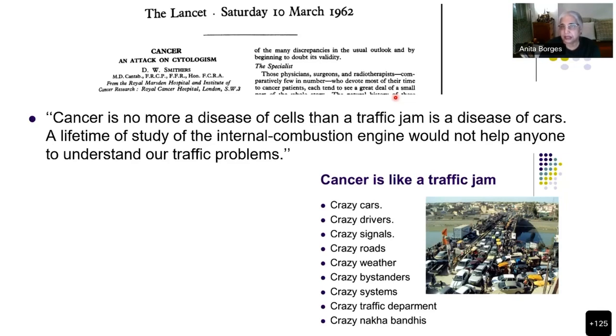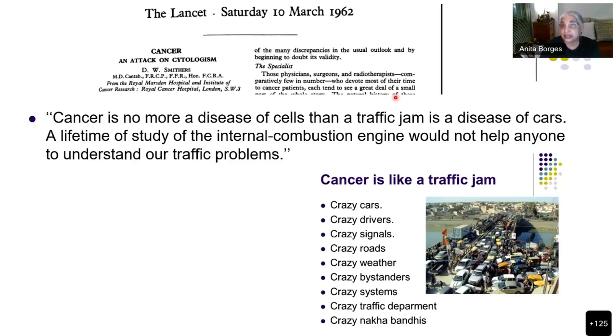So cancer, I say, is like a traffic jam. It can be about crazy cars, crazy drivers, any one of these things. Go down and you'll see weather, bystanders, systems, traffic department. You sometimes have funny traffic departments. Any one of these can cause a traffic jam, and it has nothing to do with the car.